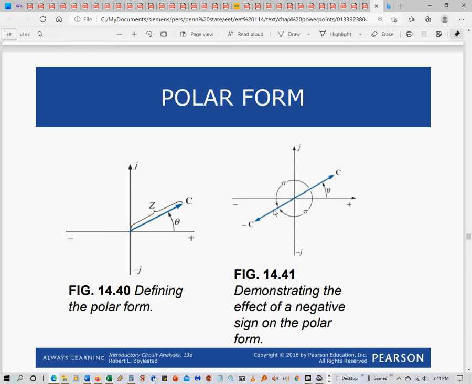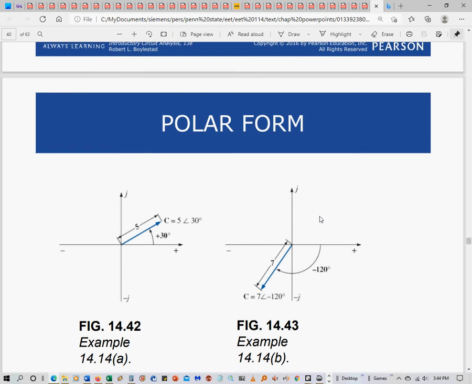This is the negative side, so going around in the counterclockwise direction is the way we normally go positively, but this is the negative direction. And so 180 degrees positive would be along this line, but then negative 180 is along the same line. So if you do -90, it's down here, or a positive 270 is the same vector.